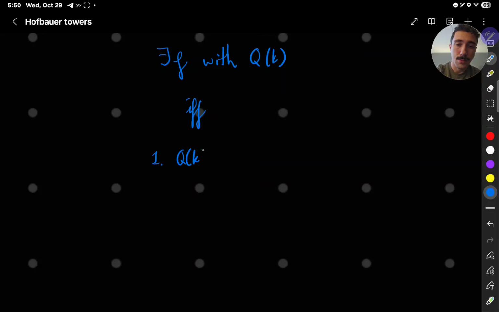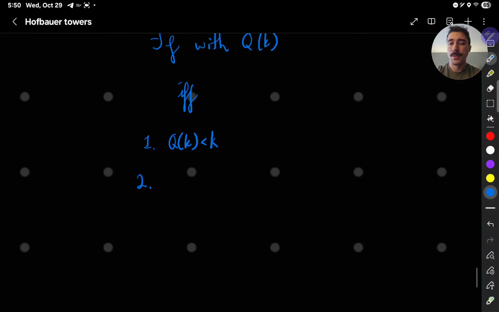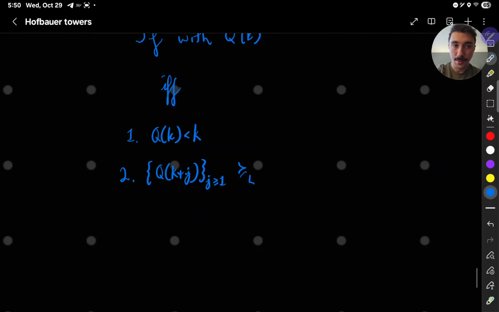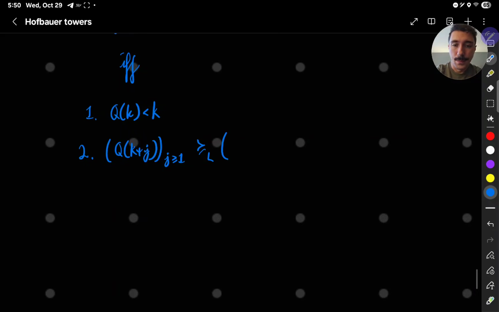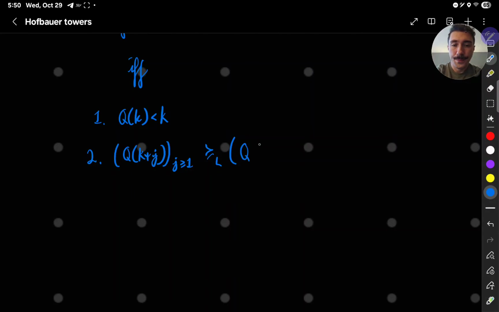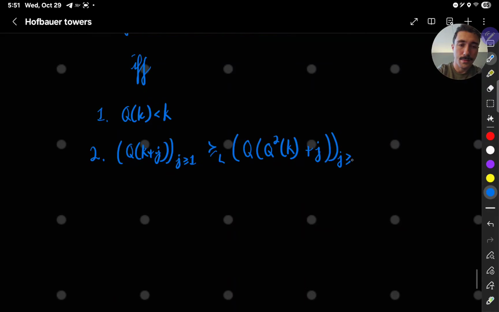One, Q_K is less than K for all K. And two, this kind of strange condition: Q(K+J) for all J greater than or equal to 1 is greater than or equal to, under what we call the lexicographic ordering, and really this should be a sequence, but sometimes people don't write it that way, Q(Q²(K)+J) for all J greater than or equal to 1.